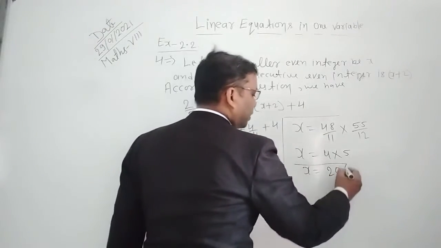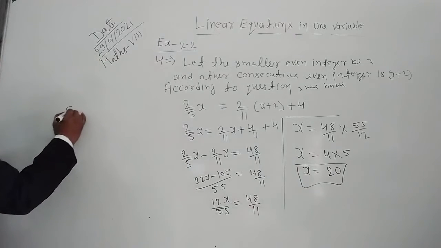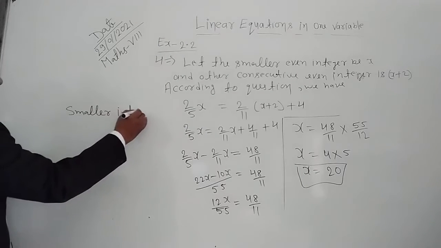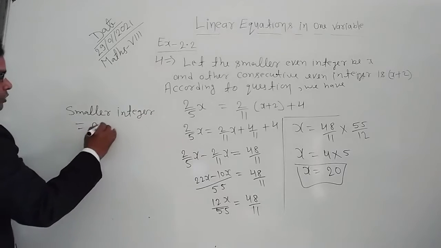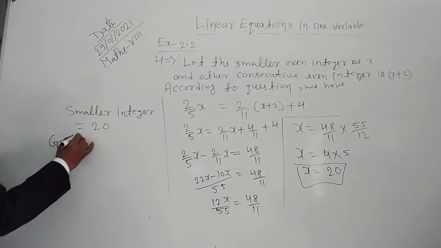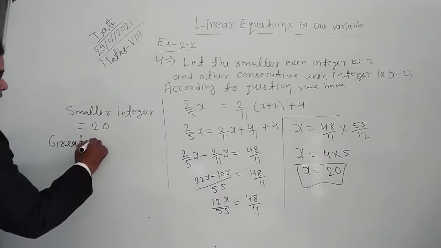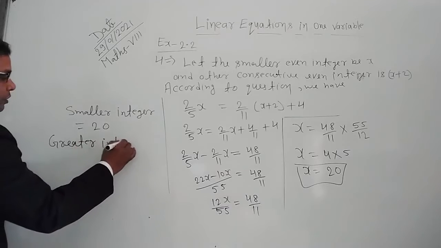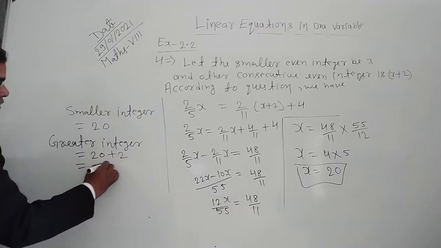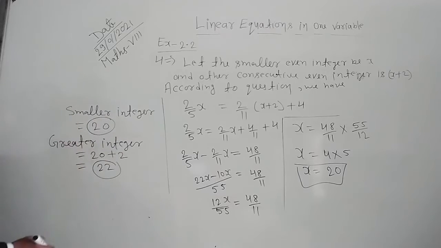So the smaller integer is equal to 20 and the greater integer is equal to 20 plus 2, which is 22. So the smaller integer is 20 and the greater integer is 22.